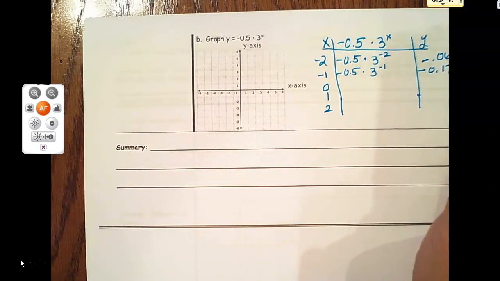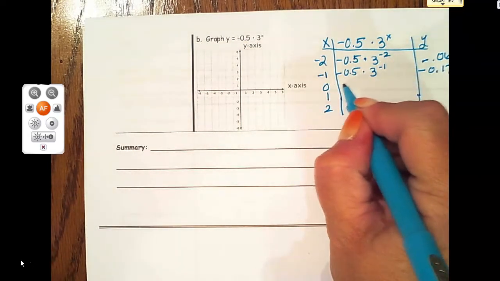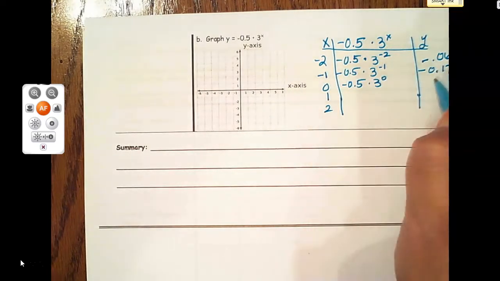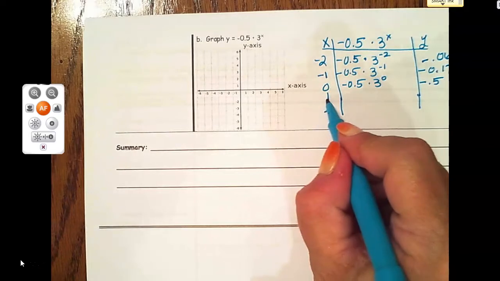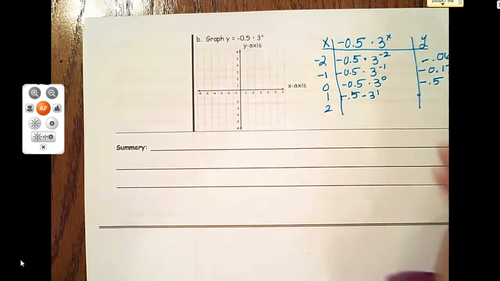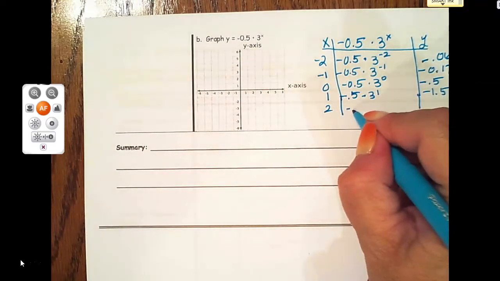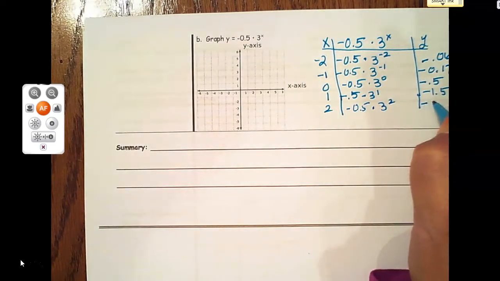I get -0.17 when I plug in a -1. When I plug in a 0, 3 to the 0 is just 1 times -1/2, so that's -1/2. Plug in a 1, and I get -1.5. Plug in a 2, and I get -4.5.